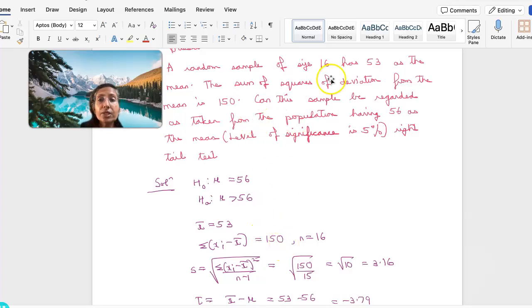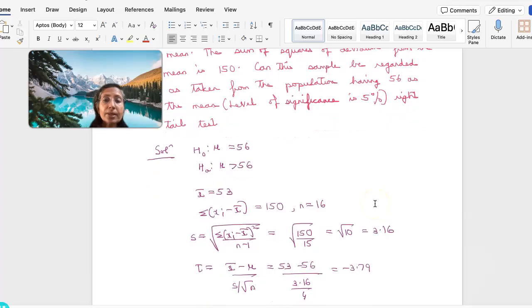So that is 150, n is 16, and s is given by the square root of summation xi minus x bar the whole squared by n minus 1. So it is root 150 by 15, that will give you 3.16.